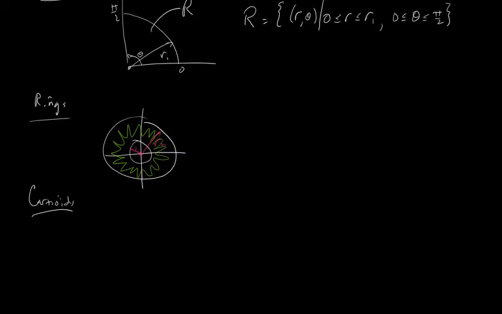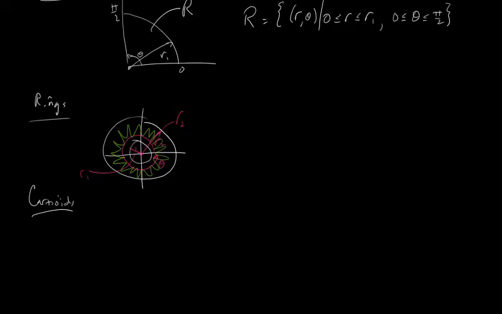This is r2, and this right here is r1. I'm not going to give them specific numbers, but as you can see, theta is going all the way around, from 0 to 2 pi.